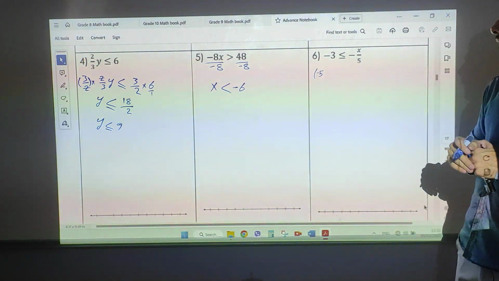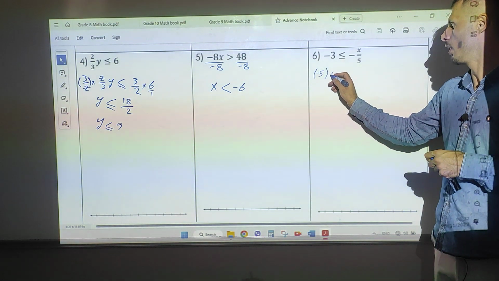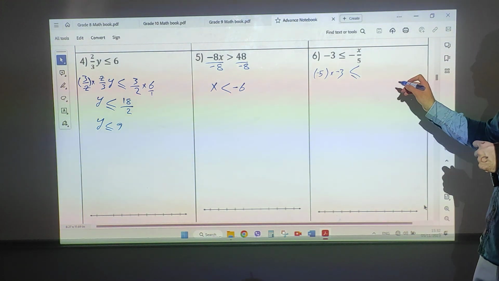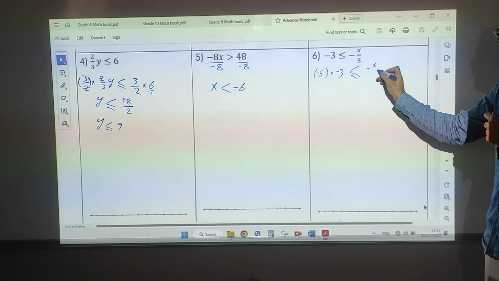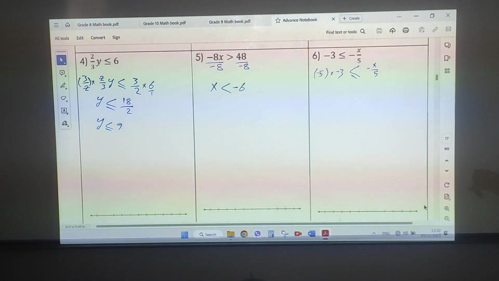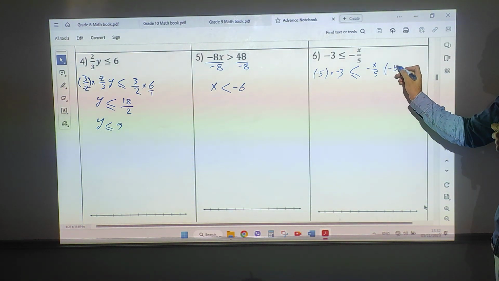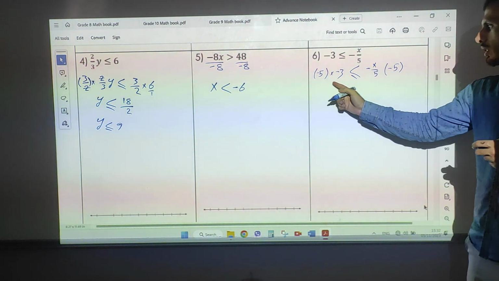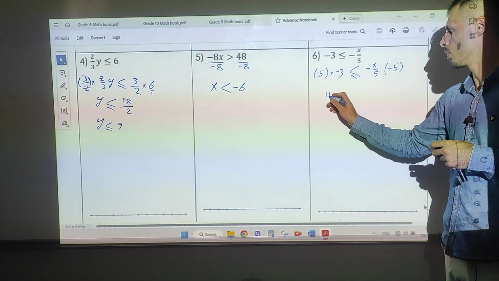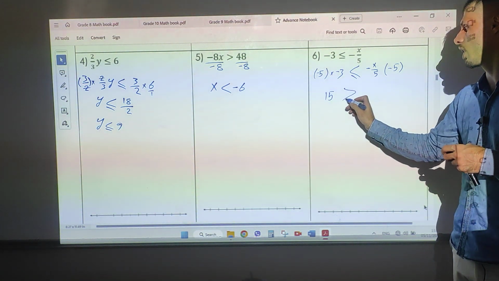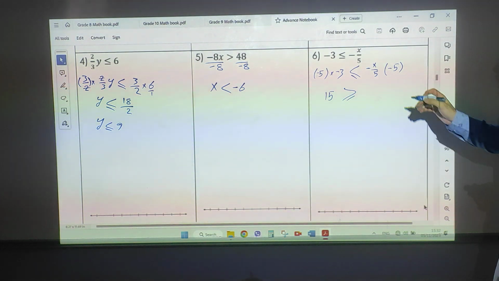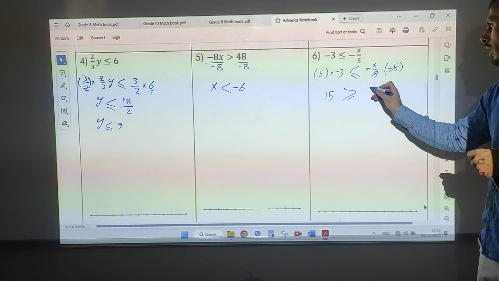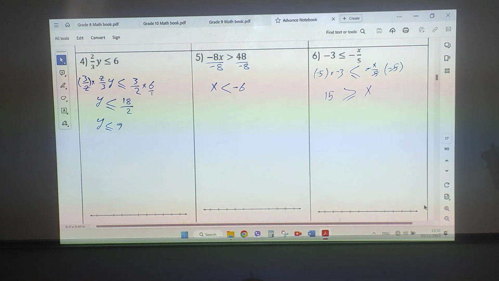We must multiply by negative 5 multiplied by negative 3 less than or equal to negative x over 5 multiplied by negative 5. This side would be positive 15. The sign will change because we multiplied by a negative number, and this negative 5 and negative 5 will cancel each other. The remaining would be only x.